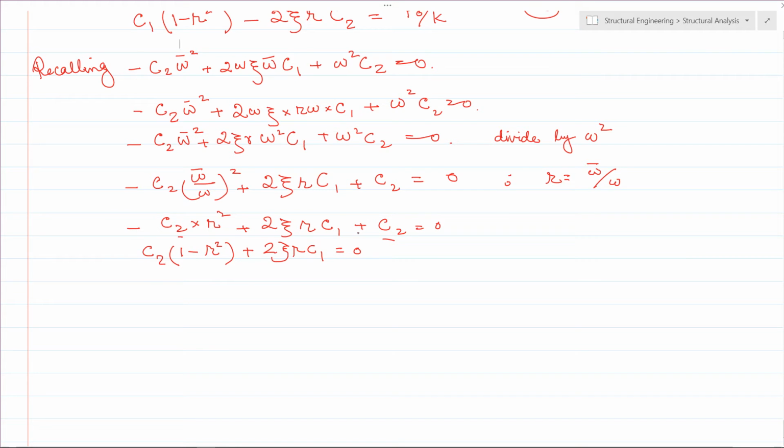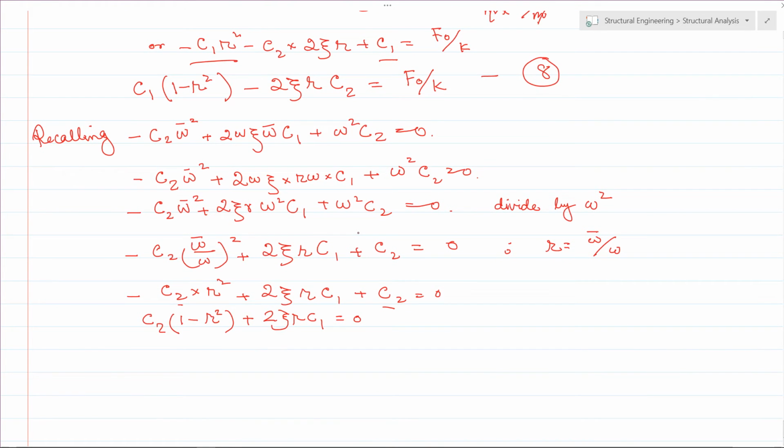Before, the equation number was 8, so this will be our equation number 9. And now we can play with these two equations to solve for C1 and C2.